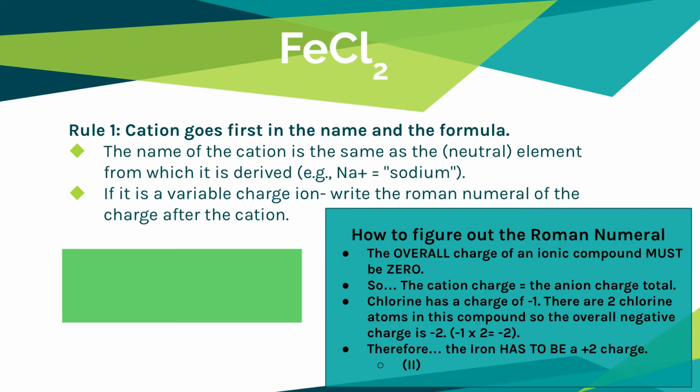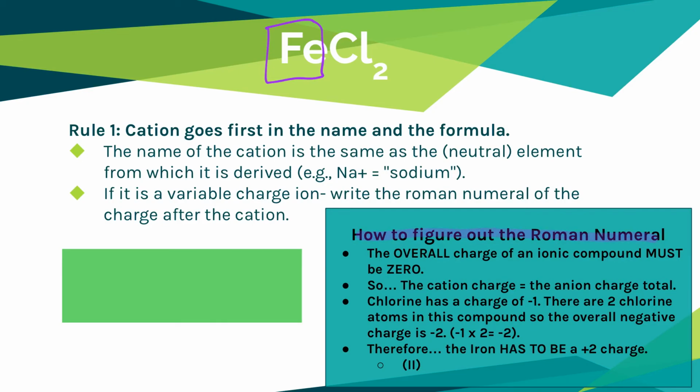So here's an example where we have a variable charged cation. The cation goes first in the name of the formula. So we have our cation here, but we don't know what its charge is because it can have more than one charge. So we need to identify it by writing the Roman numeral. So how do we figure that out?